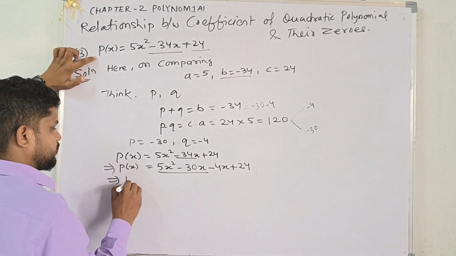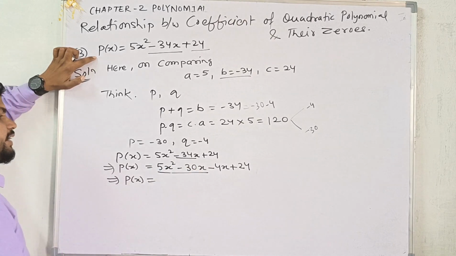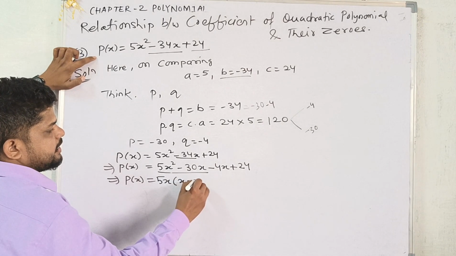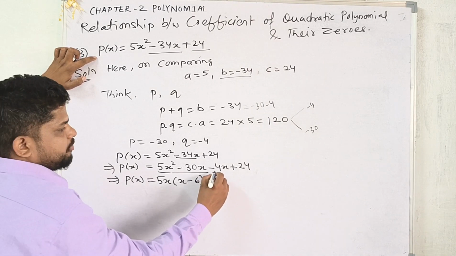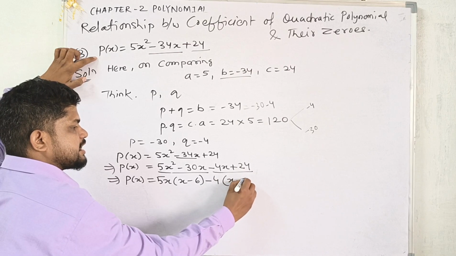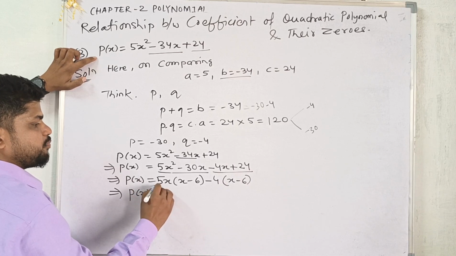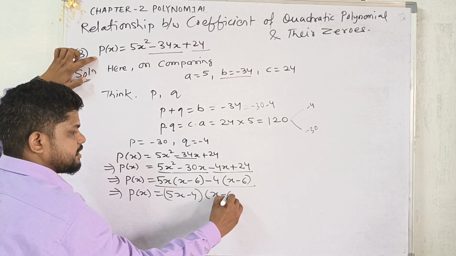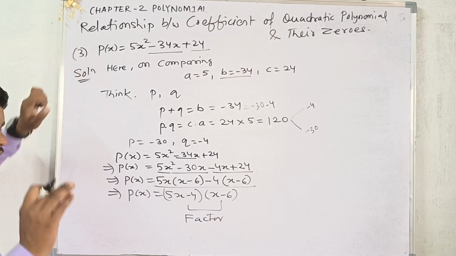Now by taking common from the first two terms, we can take 5x as common, and the remaining thing will be x minus 6. From the other two remaining terms, we can take 4 as common, so the common will be x minus 6. So P of x can be written as (5x minus 4) into (x minus 6). This is called the factors of the polynomial.